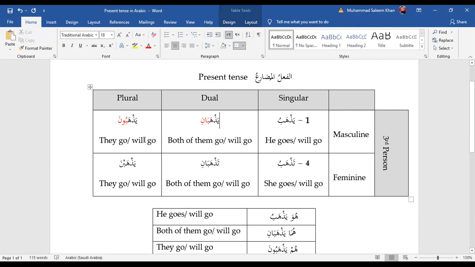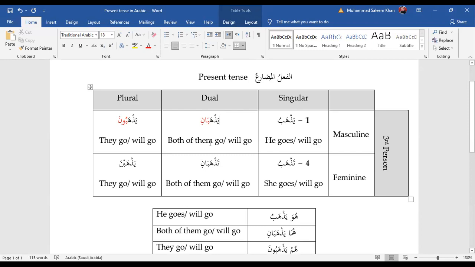If we have ya and ta, for example, ya'lamun, ta'lamun, yadhabun, tadhabun, that means this is present tense. But if we don't have the ya or ta, that means this is a noun. For example, talibun, talibani, qalamun, qalamani, right? Muslimun, muslimani, muslimuna, kafirun, kafirani, kafiruna.